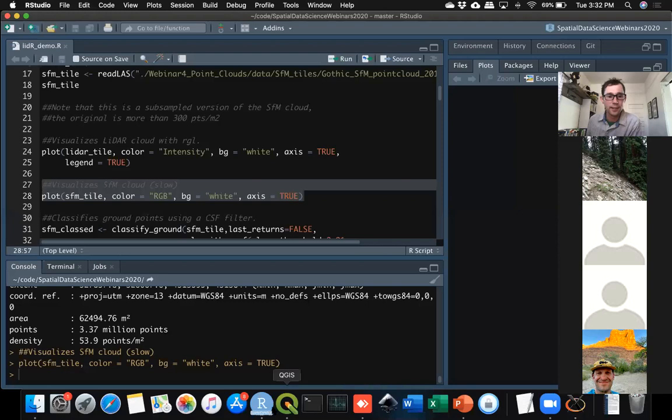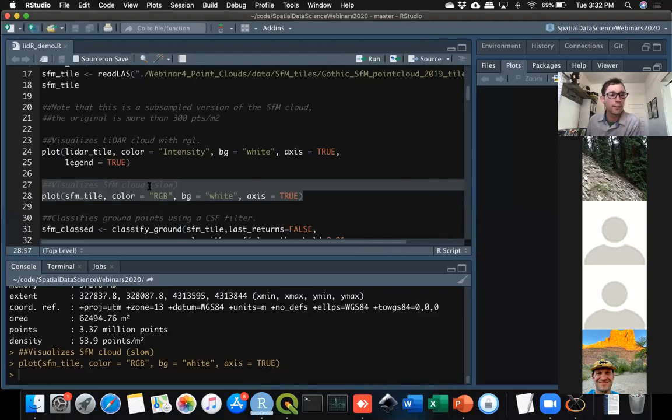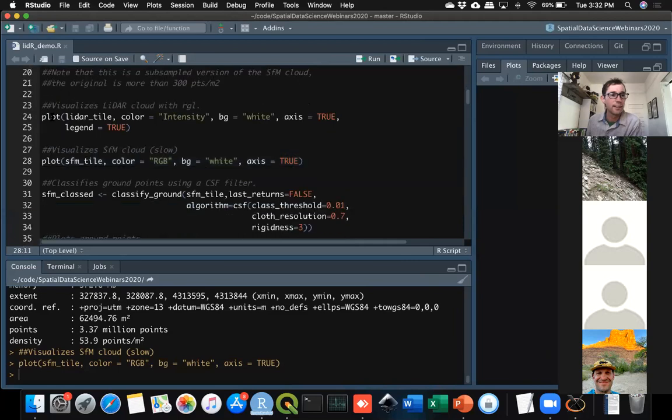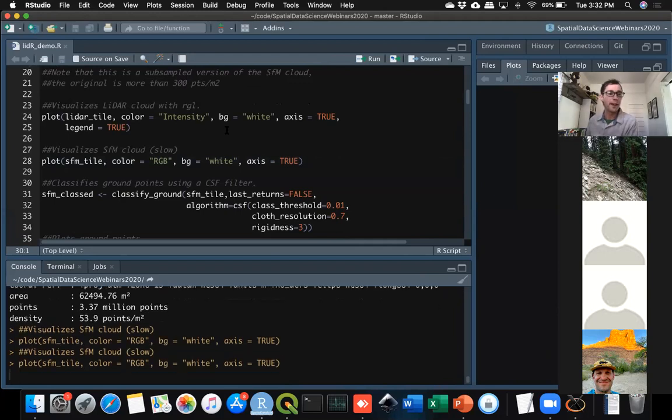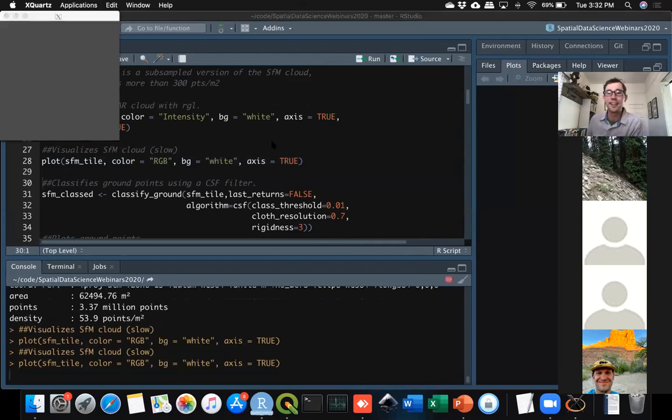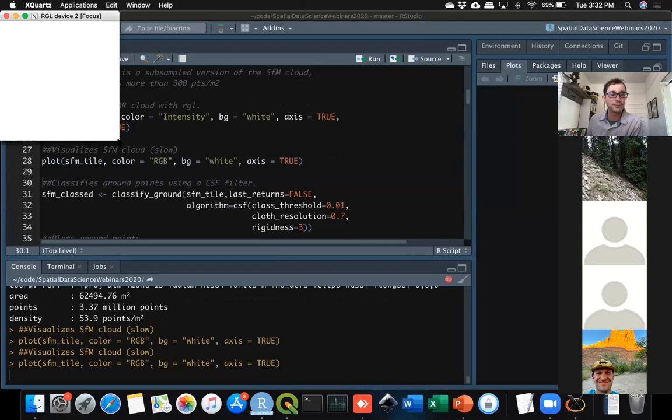I'm going to get out of full screen mode. I think that's what's messing with my screen sharing. And we'll just do desktop 1. There you go. All right. So if we plot that, it's going to give us another window.